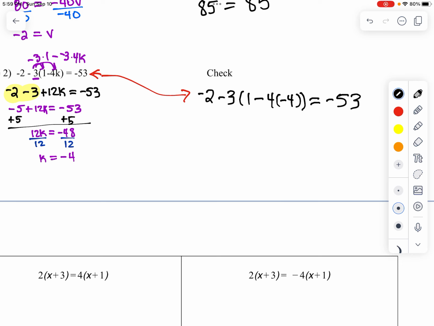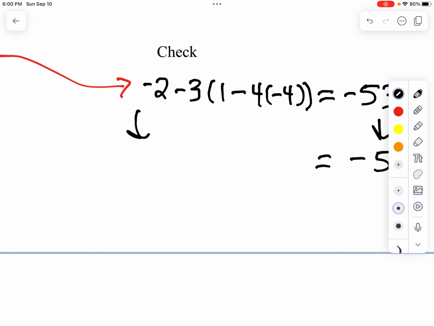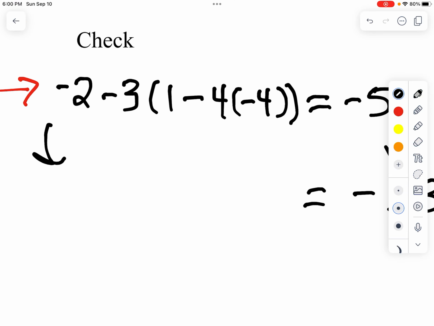Equals -53. So our hope here is that the left side and the right side are in fact equal. So the right side's just a negative 53. So I'm just going to drop that down. And I'm going to hope when I put the left side in my calculator, so when I evaluate this, when I plug it in, I'm going to hope that it actually equals negative 53.